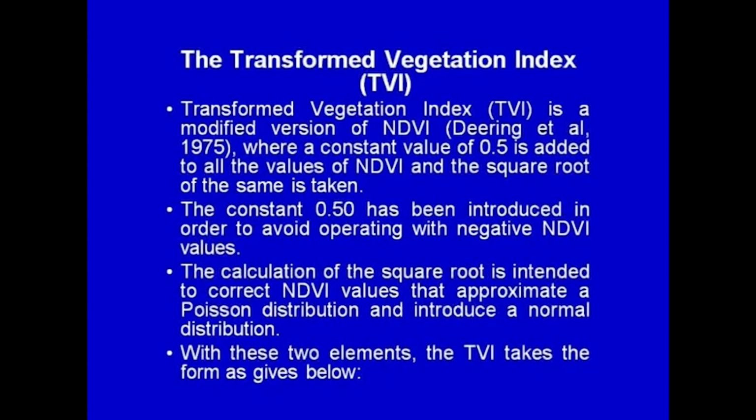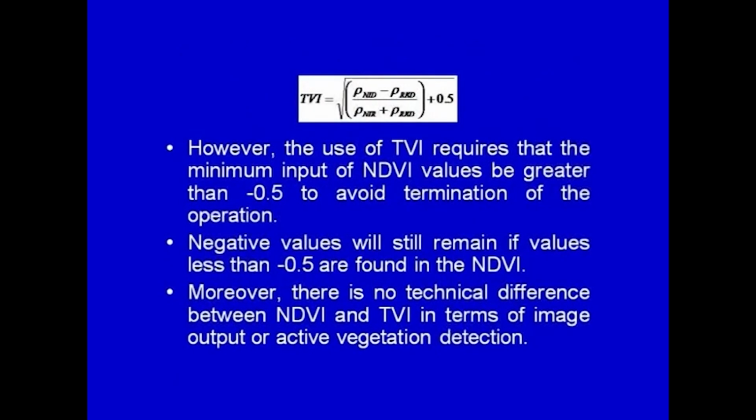The calculation of the square root is intended to correct the NDVI values that approximate a Poisson distribution and introduce a normal distribution pattern. With these two elements, the TVI takes the form as shown here, where TVI is nothing but the square root of the NDVI plus 0.5.